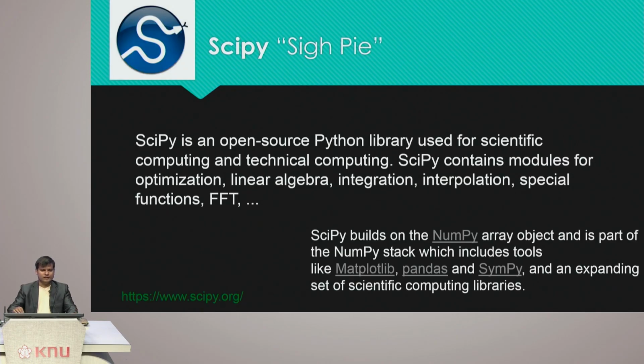Then comes SciPy. SciPy is a toolbox built on the NumPy object, and it is also used for scientific computing, or in other words, technical computing. It contains modules for optimization.